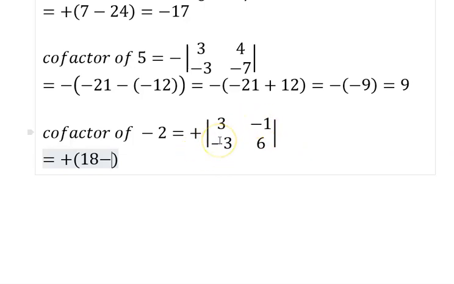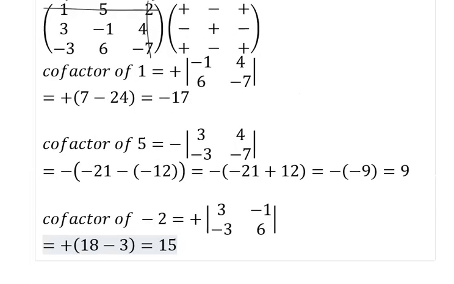Minus times minus will give us plus. Awesome. So since it's plus, that's our corresponding sign. We just say 18 minus 3, it will give us what? 15. Beautiful. We move straight to the next one.